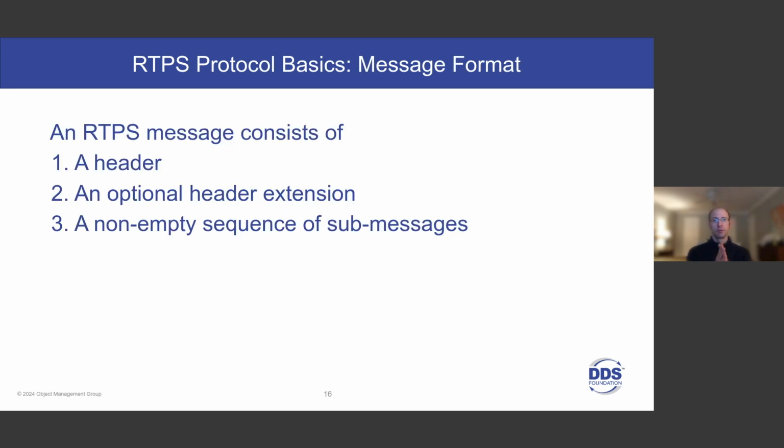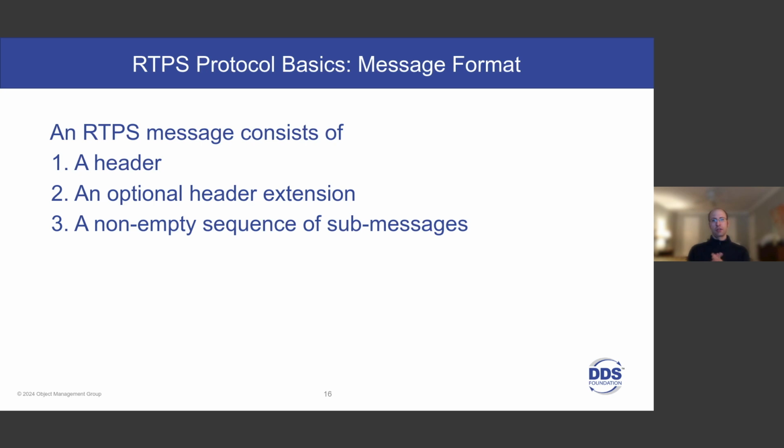Message format. So again, we're talking about a UDP message, and the messages in RTPS have a basic format. It's essentially a header. It's an optional header extension that was introduced in RTPS 2.5. And then it's a non-empty sequence of sub-messages.